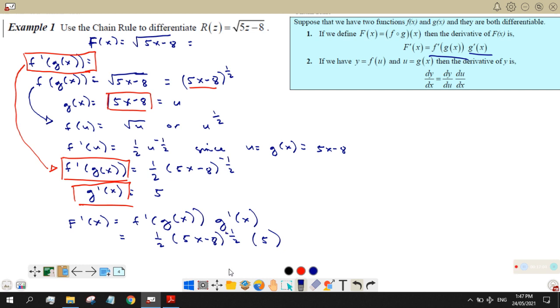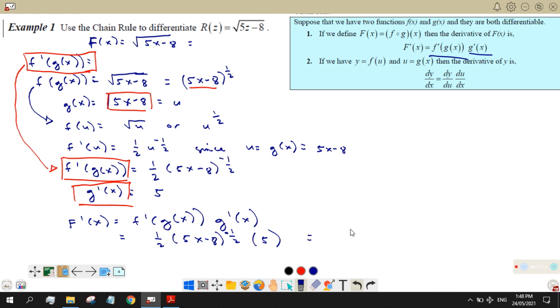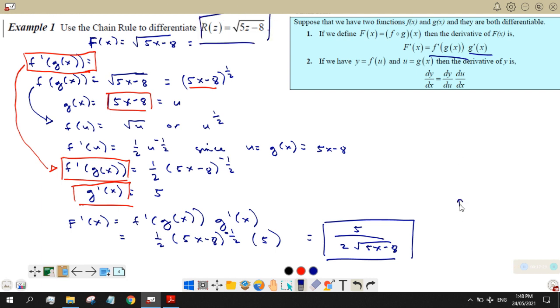Pretty much, pareho siya nung kanina. So, this is going to end up with 5/2 square root of 5x minus 8. Parehas lang yung magiging sagot. Hindi yan magkakaiba. I-transfer lang natin siya sa z. So, kung meron kang r of z, ang r prime of z niya is 5/2 times the square root of 5z minus 8. Okay? Okay.